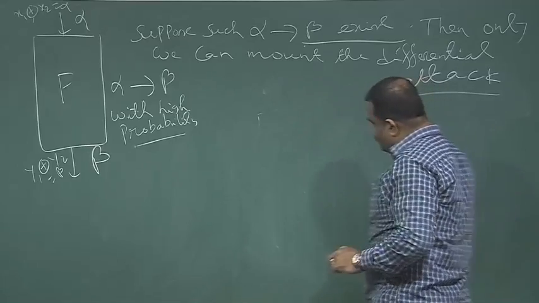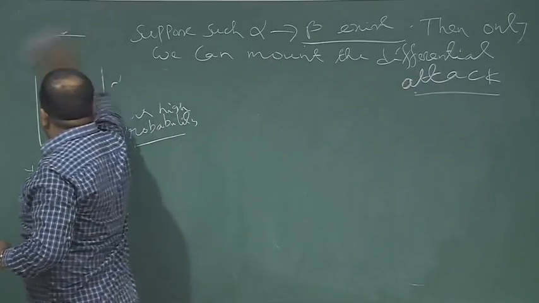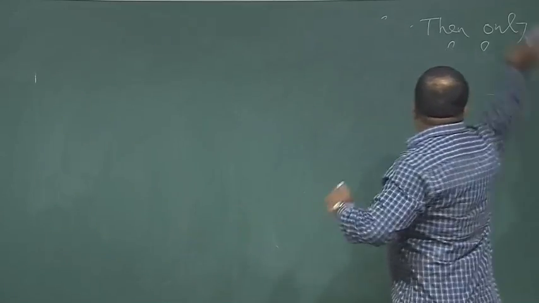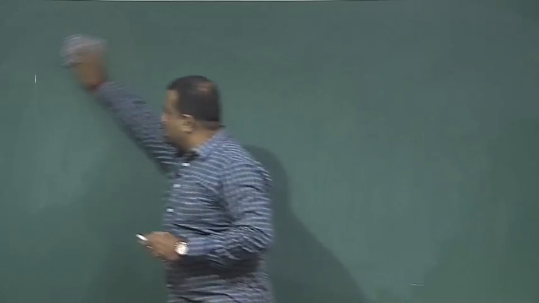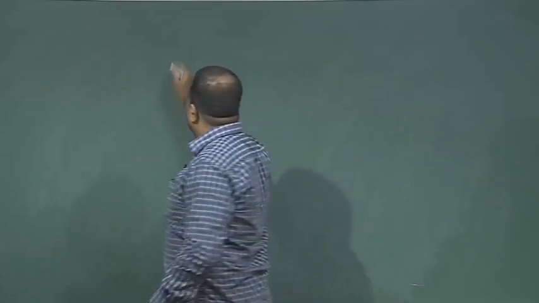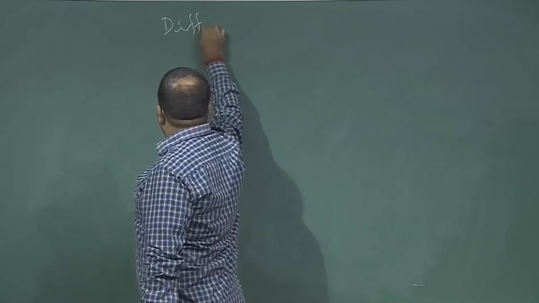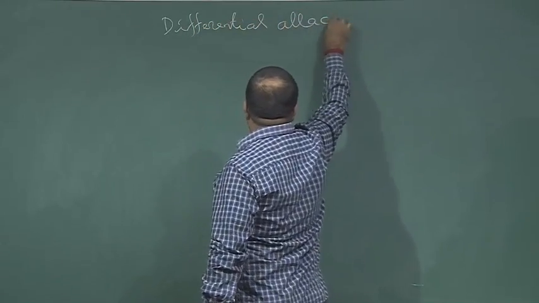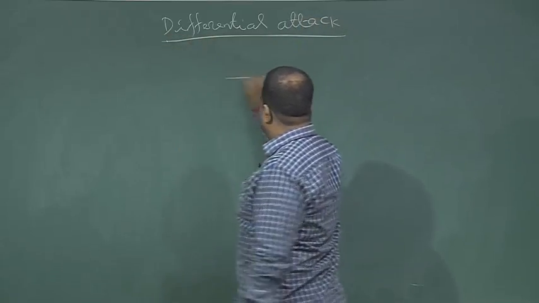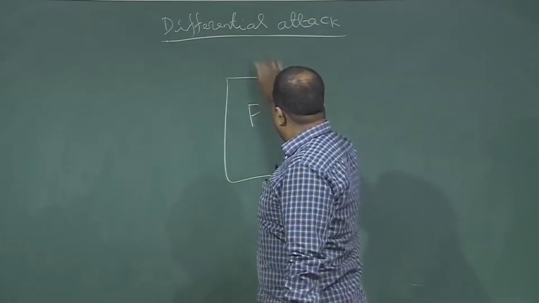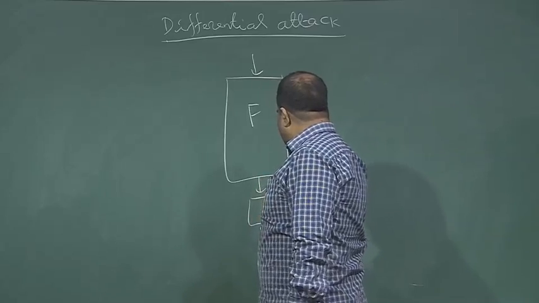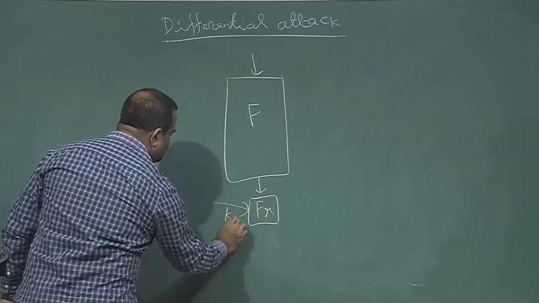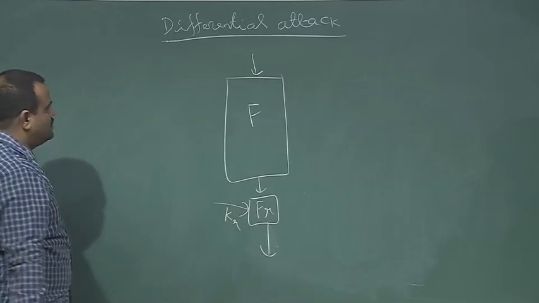Anyway, suppose we have such alpha beta, then how can we attack this block cipher to find the rth round key? That is the exact attack on the rth round. The differential attack: this is our block cipher F followed by a last round FR, which takes the rth round key, and this is the ciphertext.